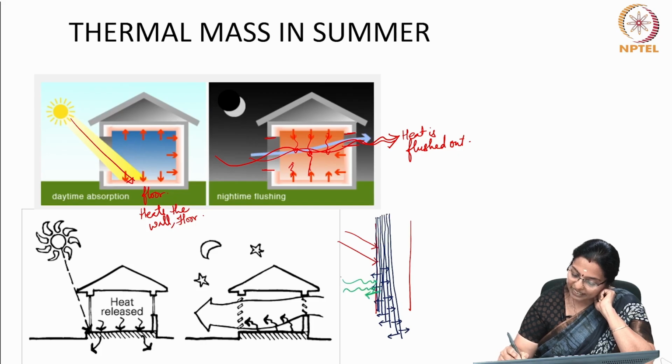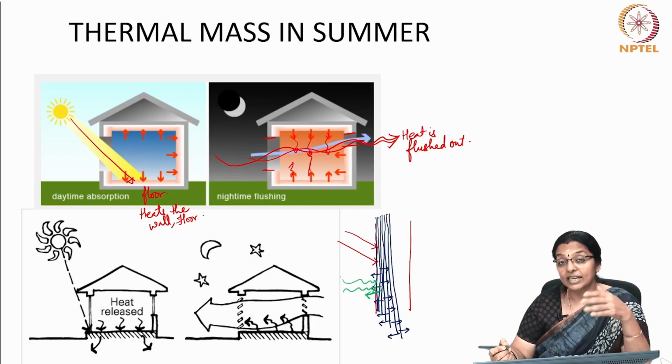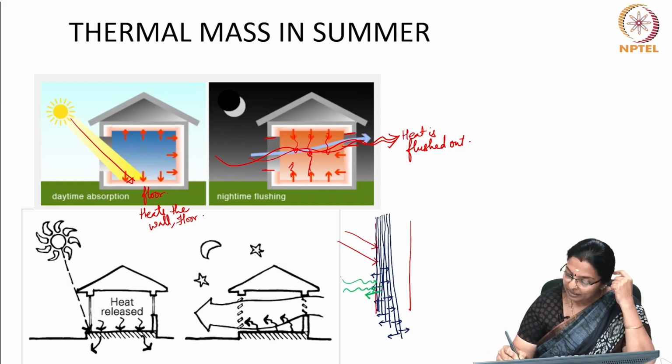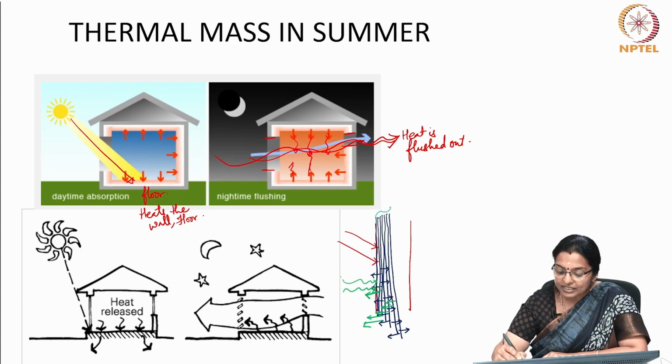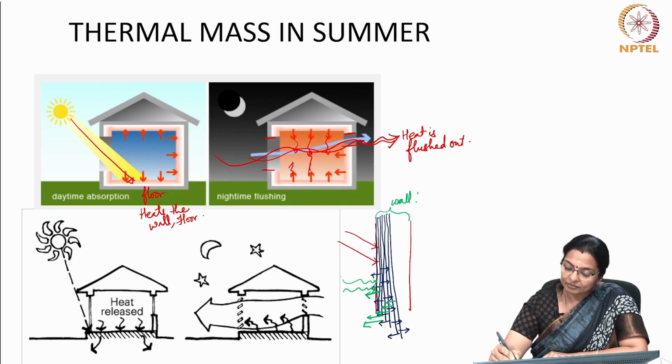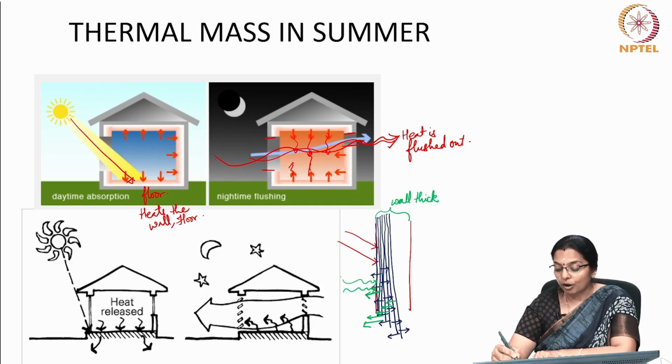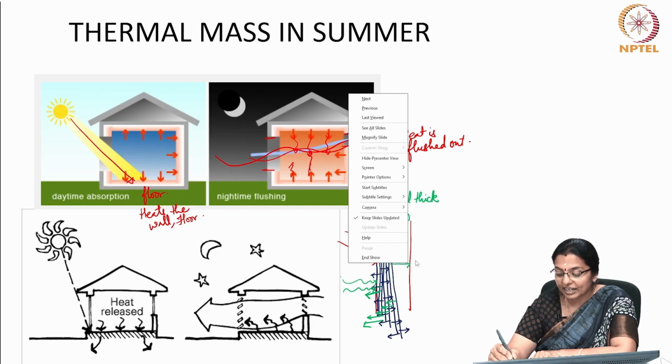So, heat radiation along the outside is faster. Now the direction of heat gets reversed. So, can you see, by virtue of designing this wall which is thick, you have not allowed the heat to reach the inside at all.